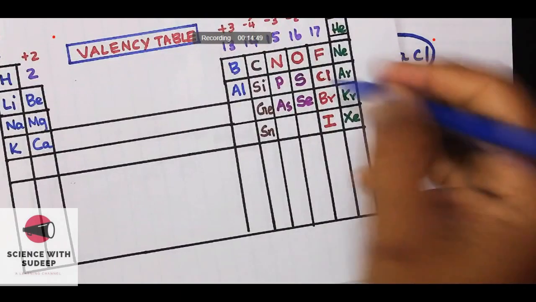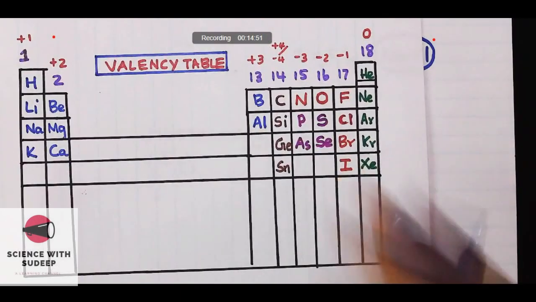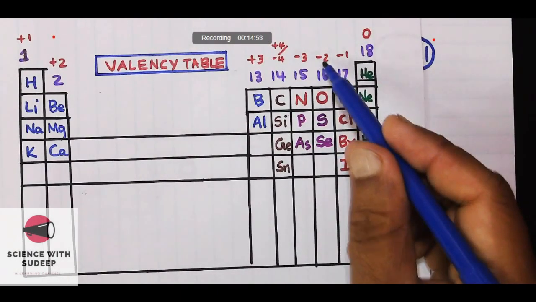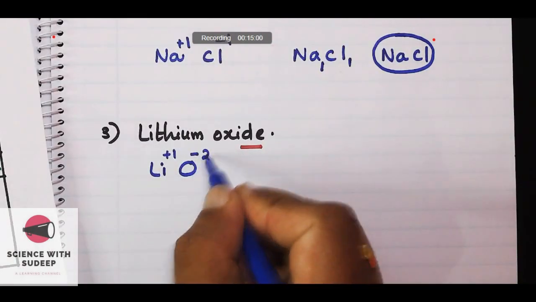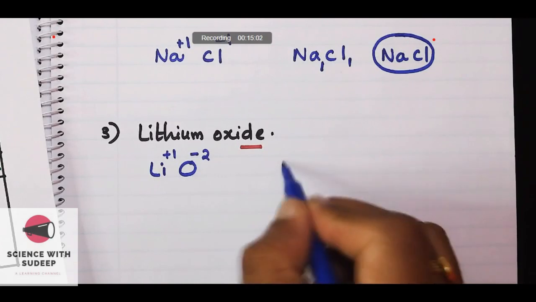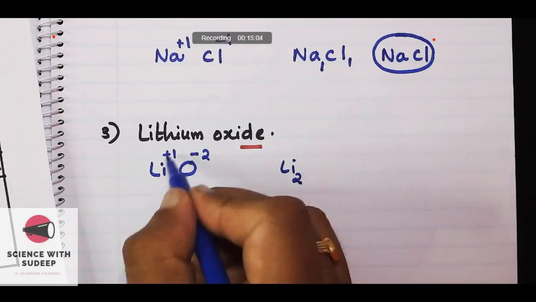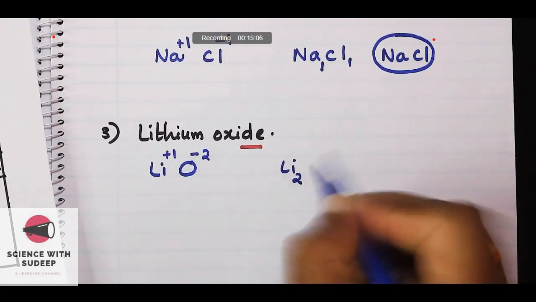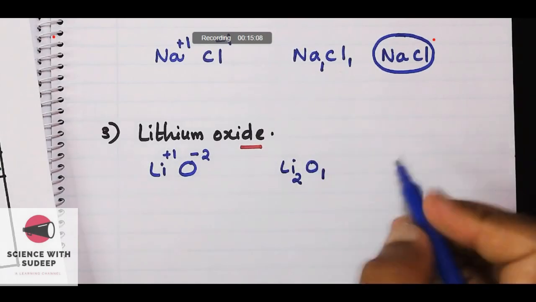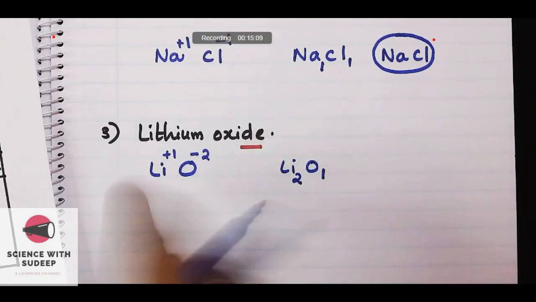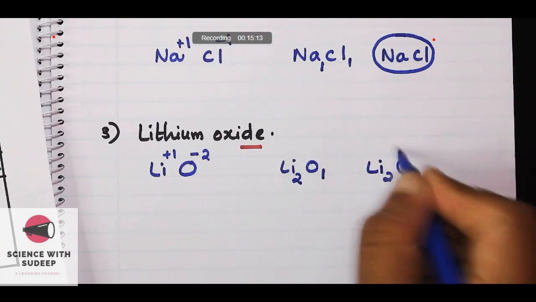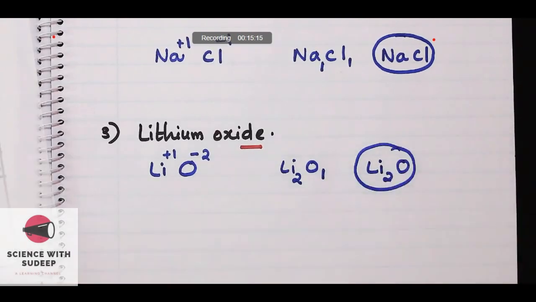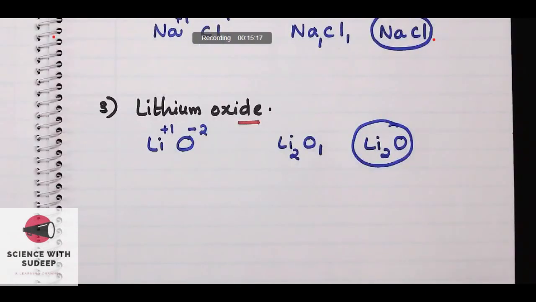Oxygen is in group number 16, its valency is -2. The 2 will come here for lithium, so lithium will be Li2. The 1 will come here for oxygen. Oxygen will be 1. They just exchange the numbers. Then the correct formula is Li2O. This is the correct formula for lithium oxide.